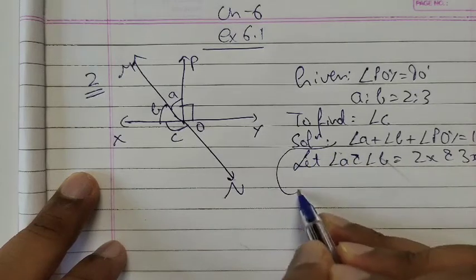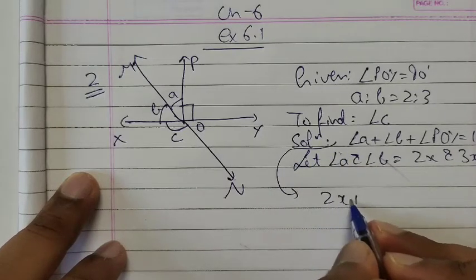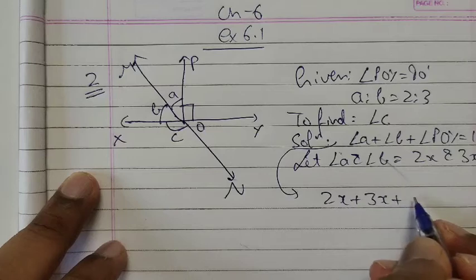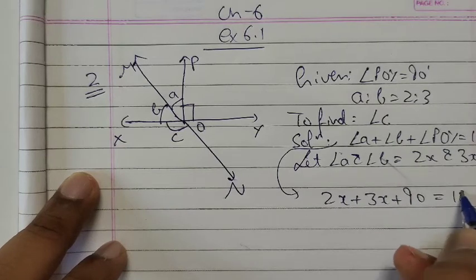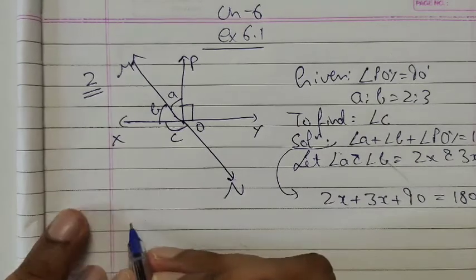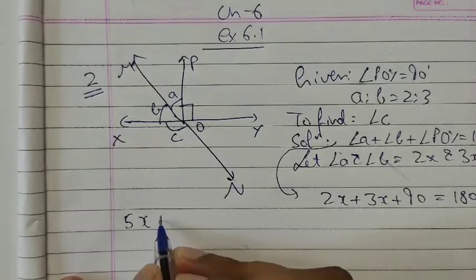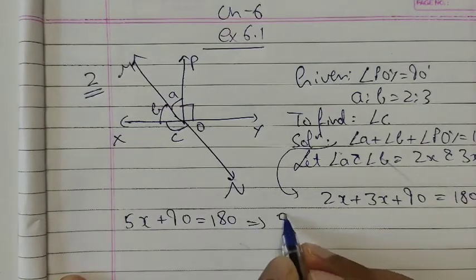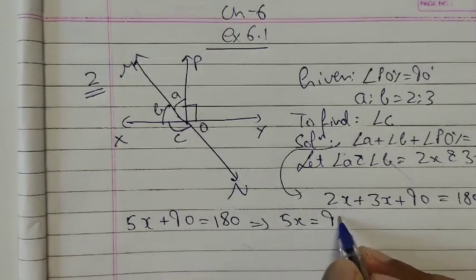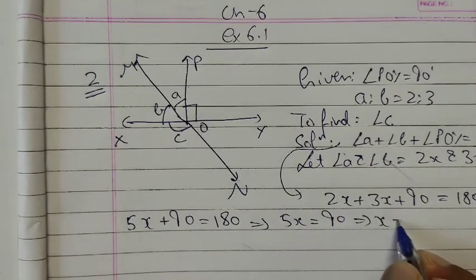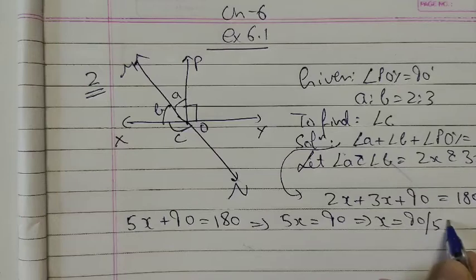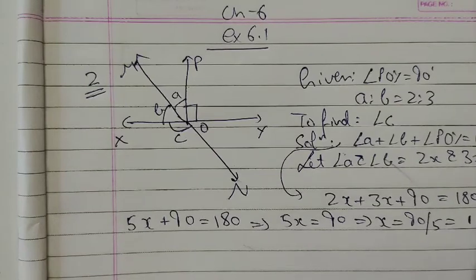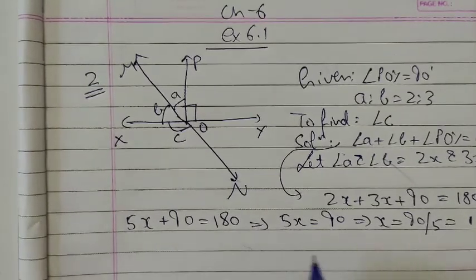So from this equation, 2x plus 3x plus 90 is equal to 180. So 5x plus 90 is equal to 180, which implies 5x is equal to 180 minus 90, which is 90. So x is equal to 90 upon 5, which is 18 degrees.